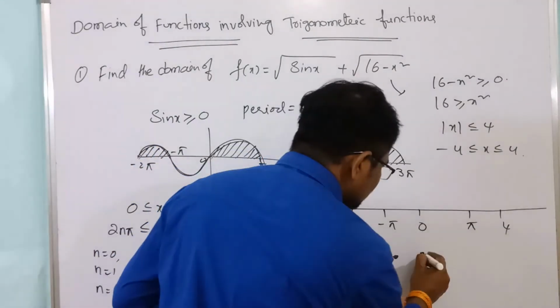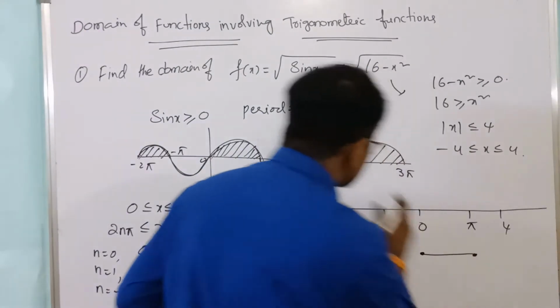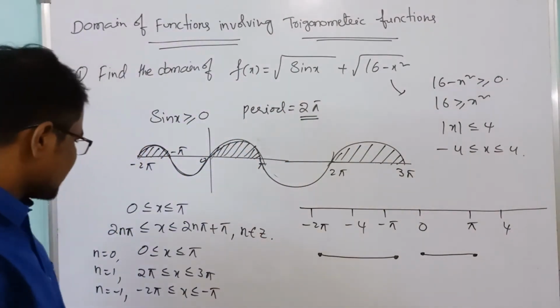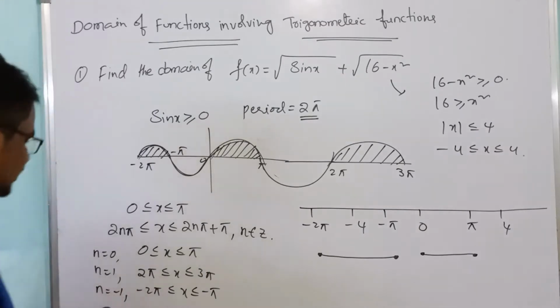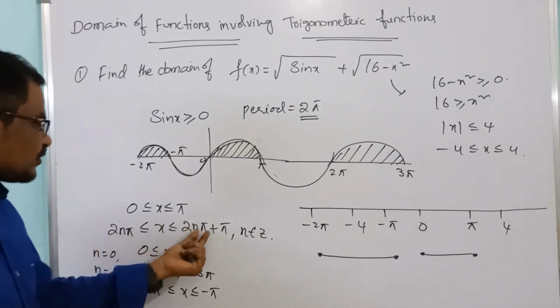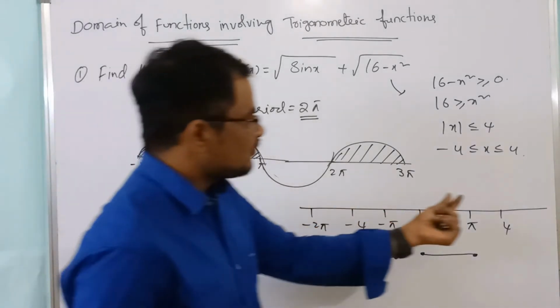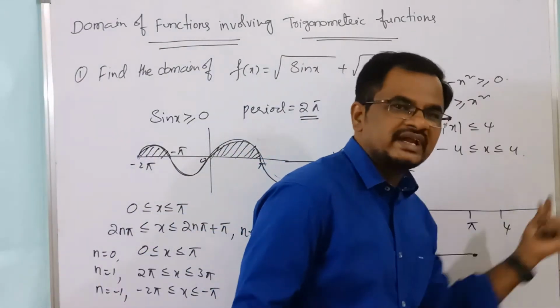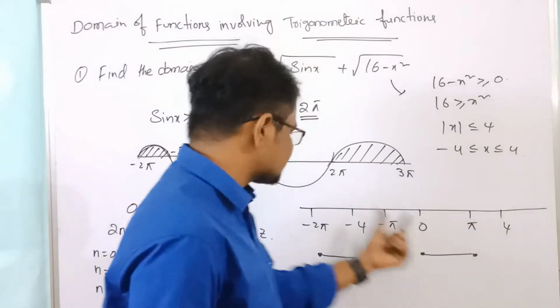If you take n = 2, that gives 4π to 5π, and we won't get common values with the other one, so no need to take it.